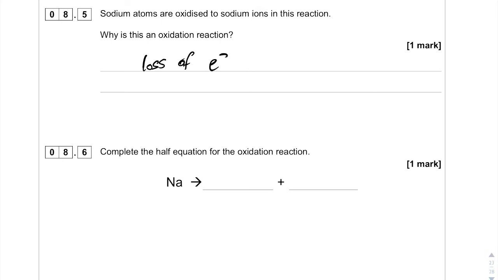And if you haven't heard of this before, OIL RIG is the way that we remember oxidation and reduction. Oxidation uses O, and so this is a loss. And RIG is reduction, and so it is a gain. So this is just a way to remember it. Has nothing to do with crude oil, but oh well.